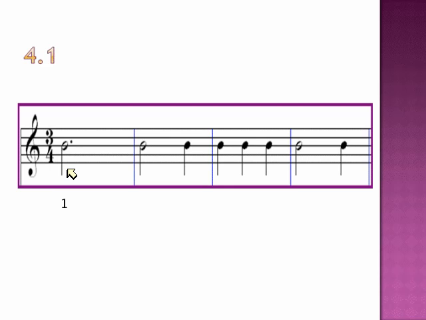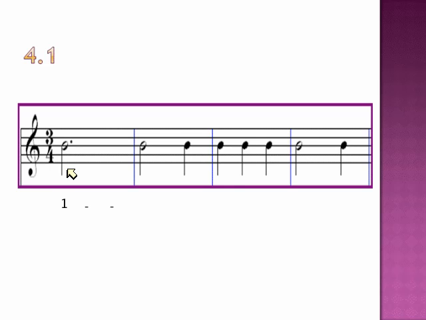Now, if I say 1, that only lets it last for 1 beat. That note lasts for 3 beats. So what I want to do is to show that the sound is continuing on for another 2 beats without putting space in between it. So I'm going to put a dash and another dash to indicate that there are 3 beats there.